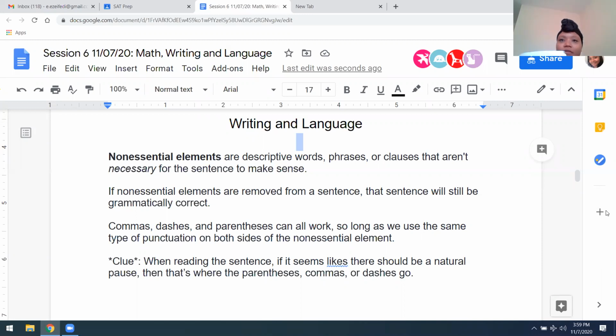I want to speak very quickly on, well, actually, I'll do that later. In our little extra session we had Monday, I think Malachi was asking about the difference between a semicolon, parentheses, commas, and stuff like that. And I was going to answer that.